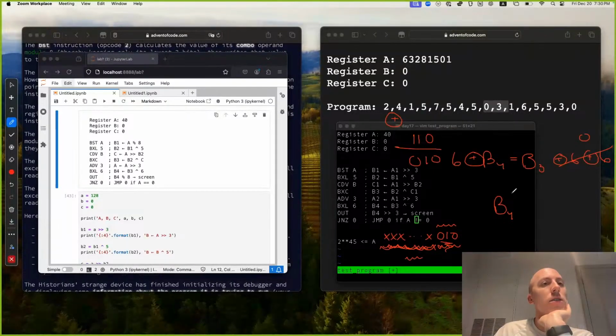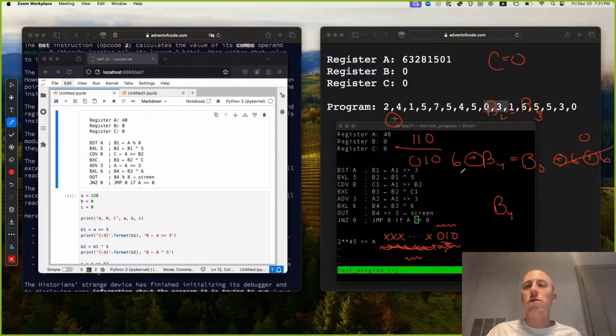A gets shifted down 3. B2 gets XORed with C. Let's just say that C is 0. So basically B2 is equal to B3, nothing changes there.